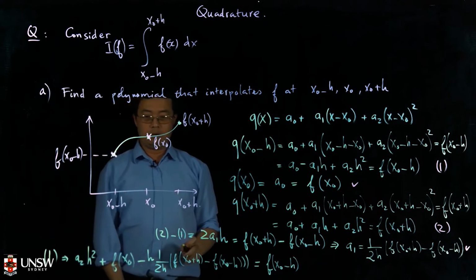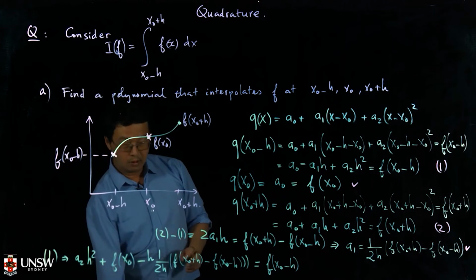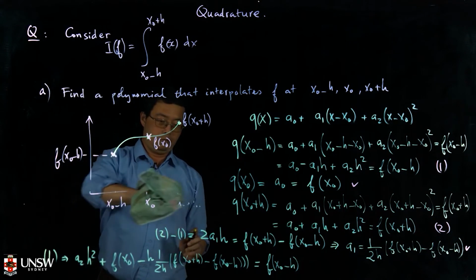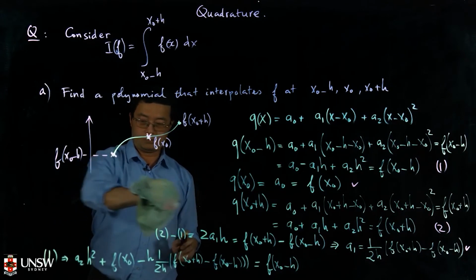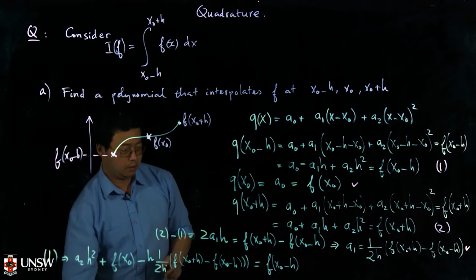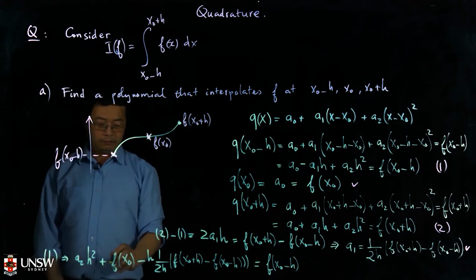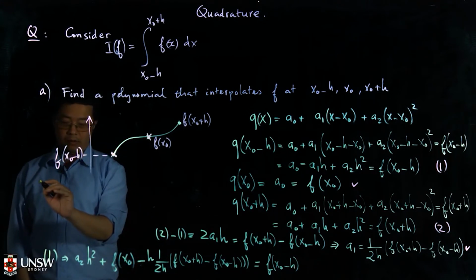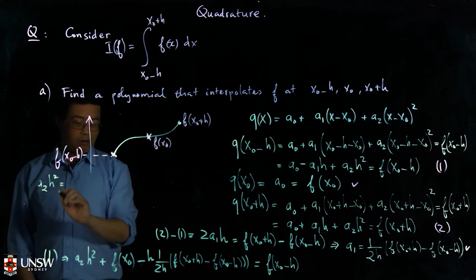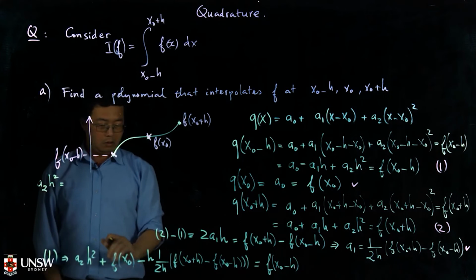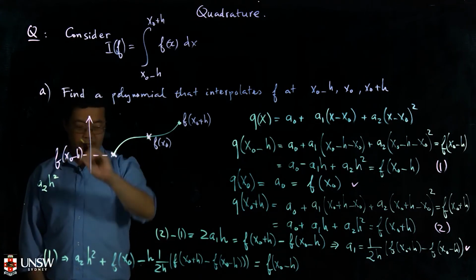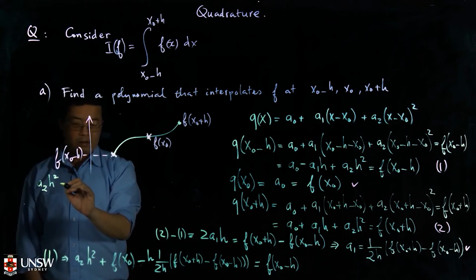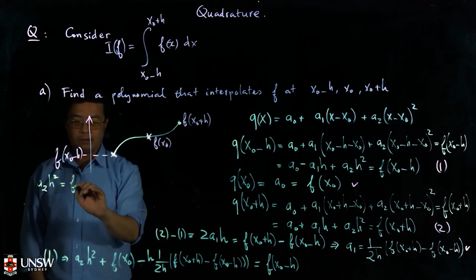So maybe let me remove these pictures to get some more space. Then I have a2h squared equal to f of x0 minus h.